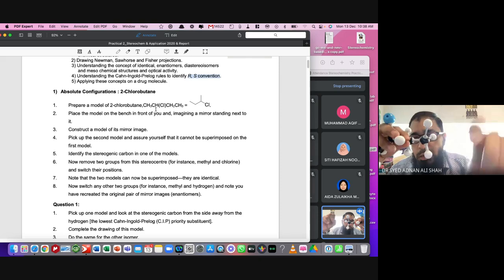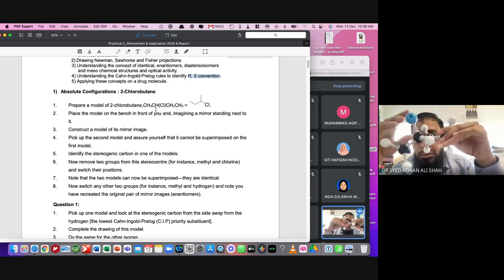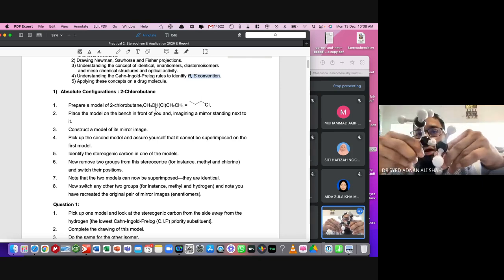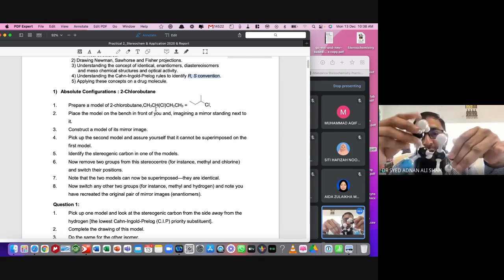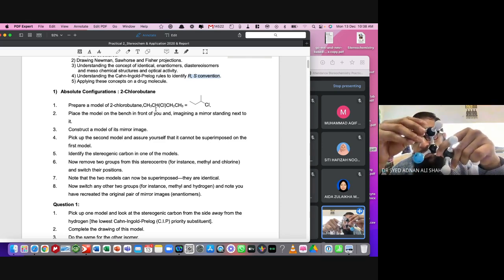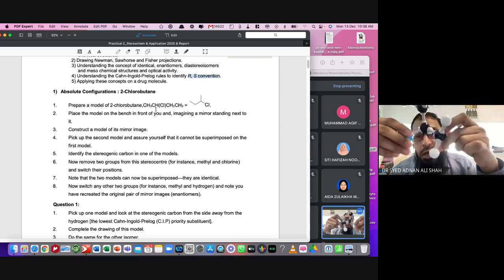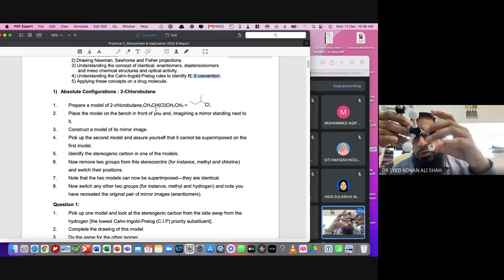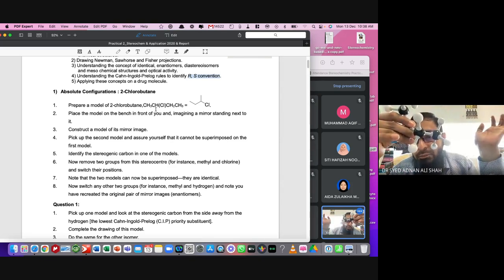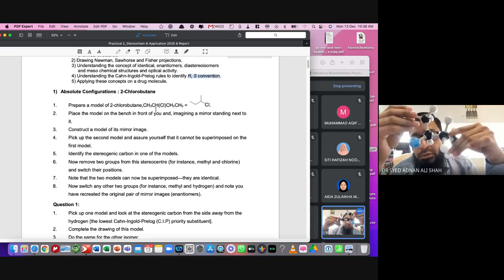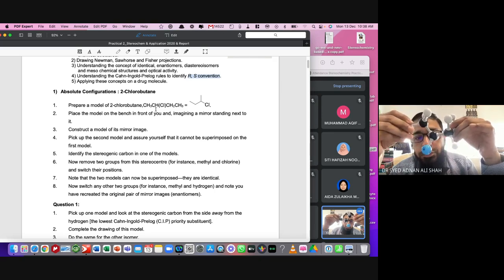Like this, you have seen in your line structure, right? Or you can see it like this also. This is how it looks in the line structure: this is the methyl group, this is the chloride group, then hydrogen, CH2, and then the CH3. Understand? So this is how you construct the model of 2-chlorobutane.